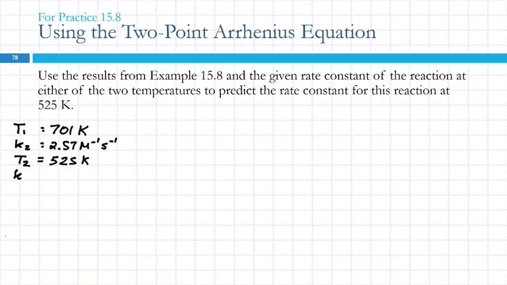And see what I did there? That's a 1, and there's a 2. Gotta watch those 1s and 2s. K2 is what we're trying to find. So we're going to use that same equation.